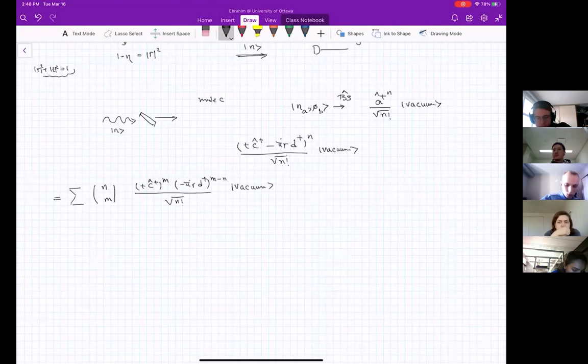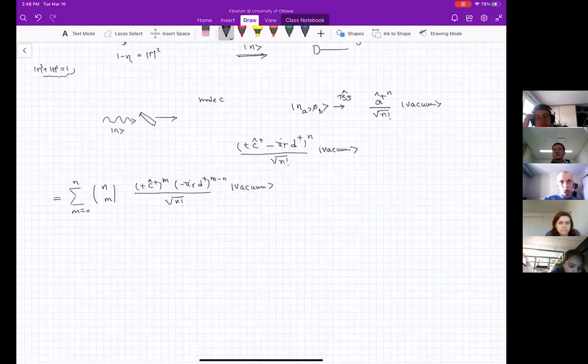Good. And m, of course, is changing from 0 to n. So what I have done, I've just expanded, let's say, alpha plus beta to the power of n. And this is what happens. And I don't care where C is located, where D is located, because they commute with each other.